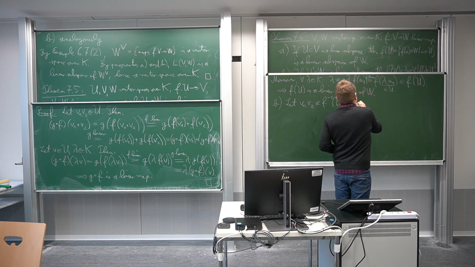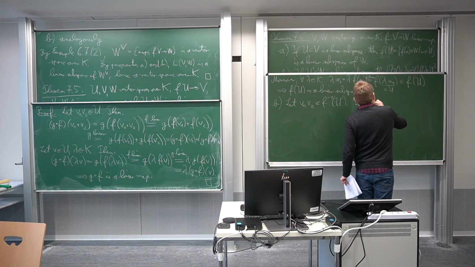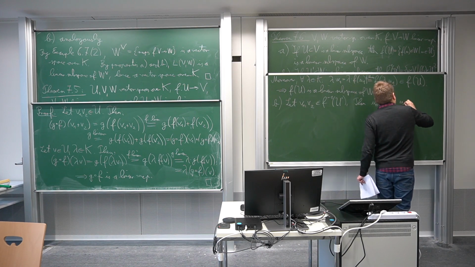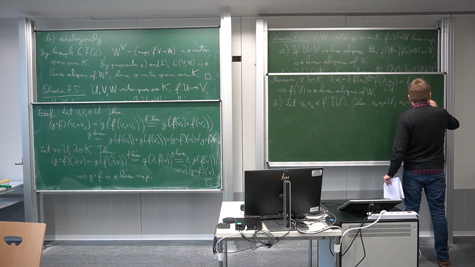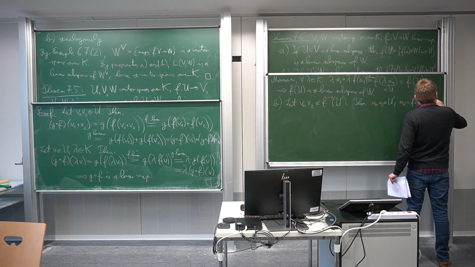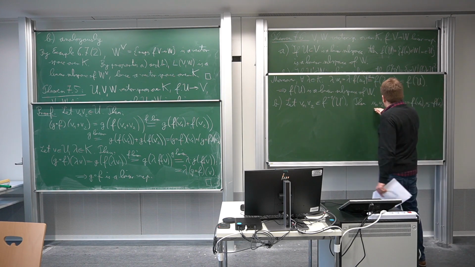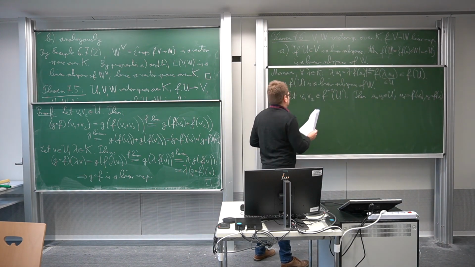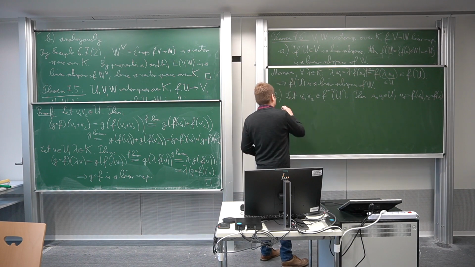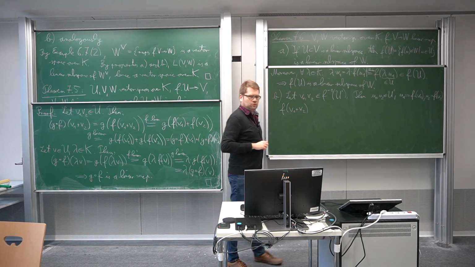Then u1 and u2 are elements of U prime, where u1 is the image of v1 under f, and u2 is the image of v2 under f. Simply since v1 and v2 are in this pre-image, these are in U prime. So we need to show that the sum of these two is in this pre-image. So we need to show that the image of v1 plus v2 under f lies in U prime.